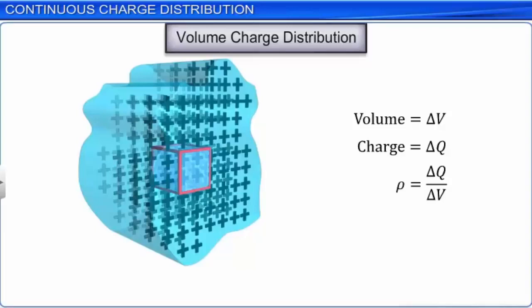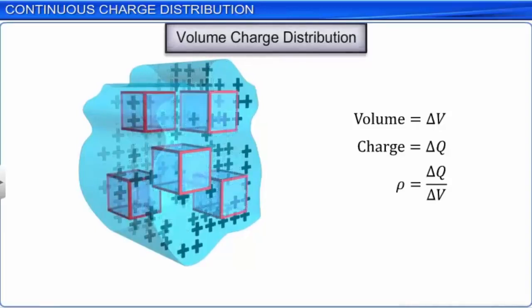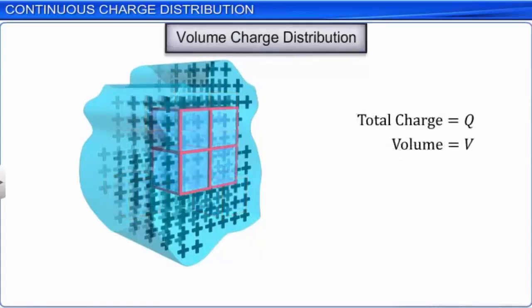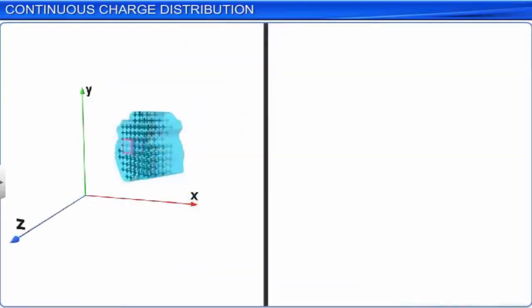If charges are not uniformly distributed, the charge density ρ for an individual volume element is equal to ΔQ by ΔV. If the charges are uniformly distributed, the volume charge density of the conductor is expressed as ρ equals Q by V. Now, consider the small volume element ΔV of charge distribution carrying a charge ΔQ.